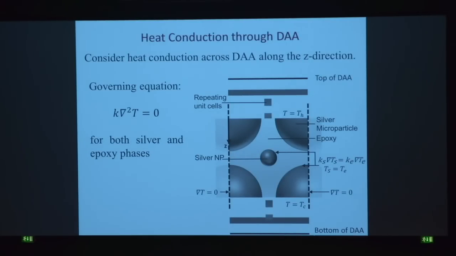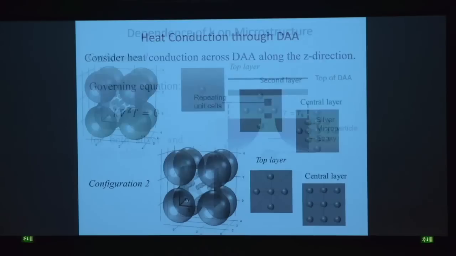That's how we did it. And this is an easy problem. At the top, what you see in the figure is the top of the DAA and the bottom of the DAA, the film, about 15 micron thick. So we assume that it is made up of identical unit cells, and solve a very simple steady-state thermal conduction problem.